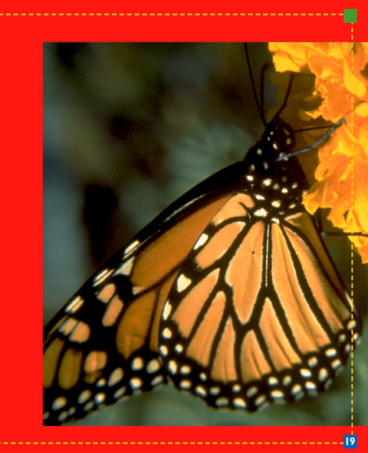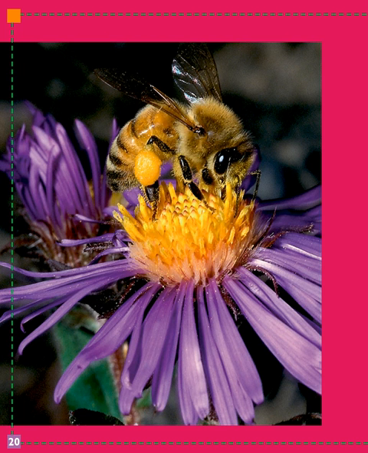So there is a butterfly and a bee. And see, it lands on a flower to get the nectar, but it picks up bits of pollen on its body.